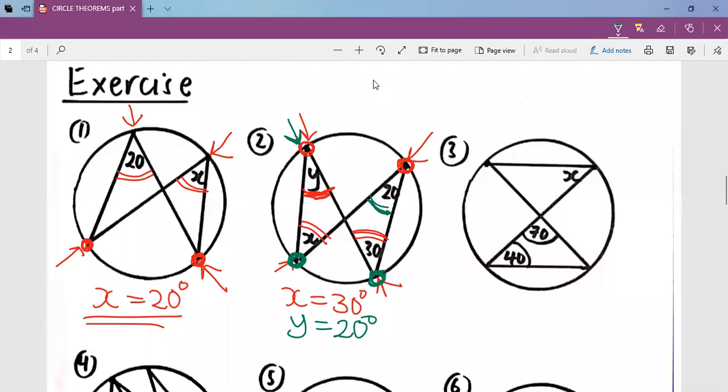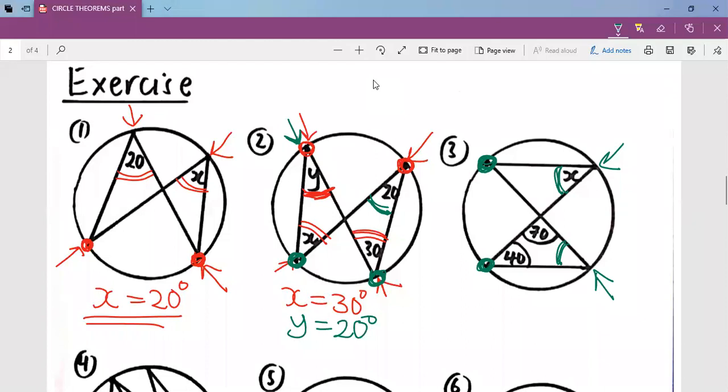Let's go to question 3. We want to find X here. This X there is formed by this point and that point. Now, the same points which are forming X, they are also forming this angle here.